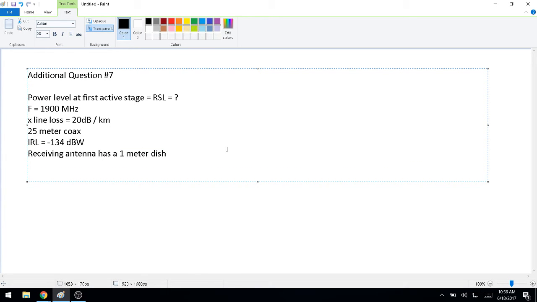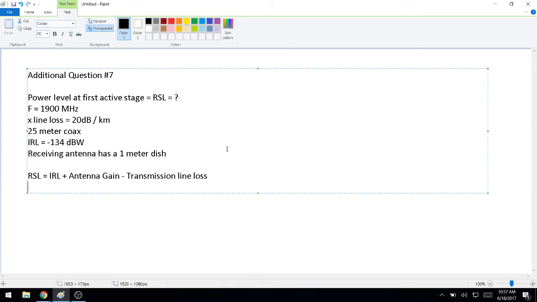And so the formula is basically the same. We have RSL equals IRL plus our antenna gain minus transmission line loss.